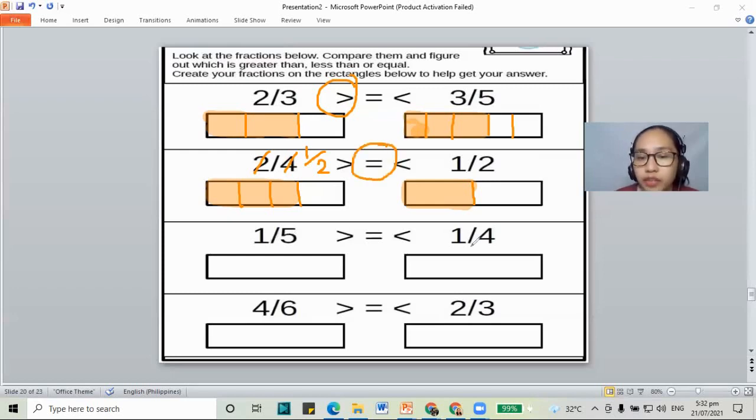How about 1/5 and 1/4? Let's try to make 5 parts. And this one is 1/4. Let's try to make this equal.